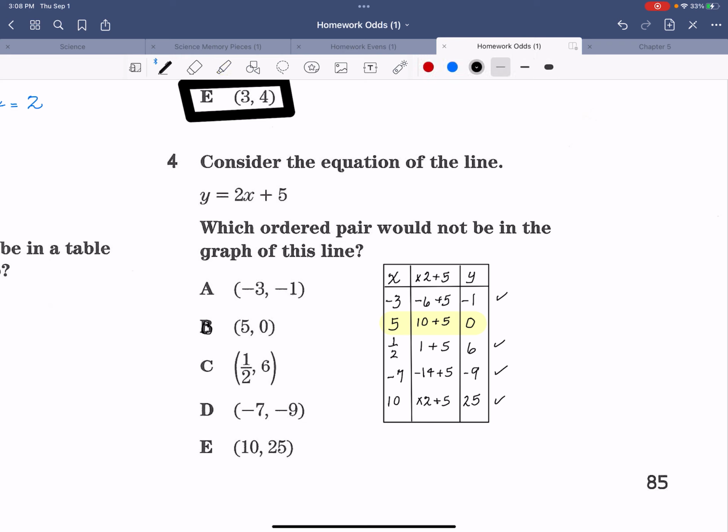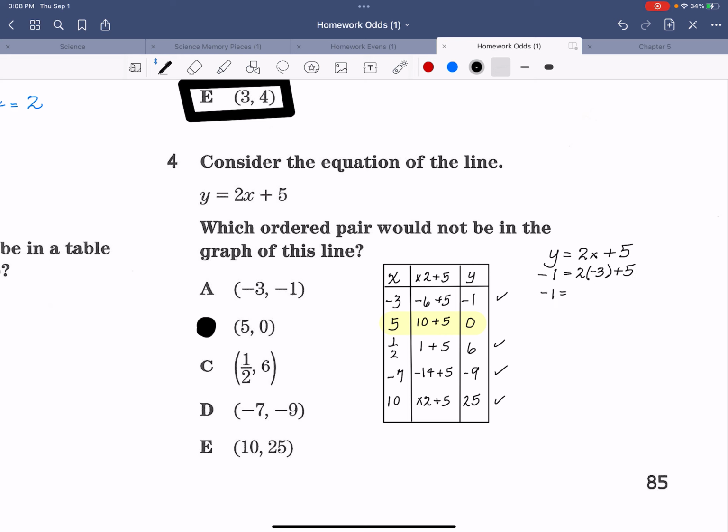Now, let me show you the way they wanted us to do it. I'll just do one of them because I don't really want to have to go through all this. 2x plus 5. So we are going to substitute the -3, the -1, and here is the -3.